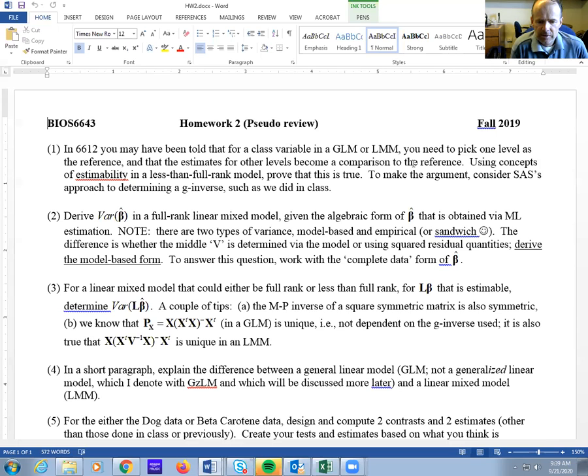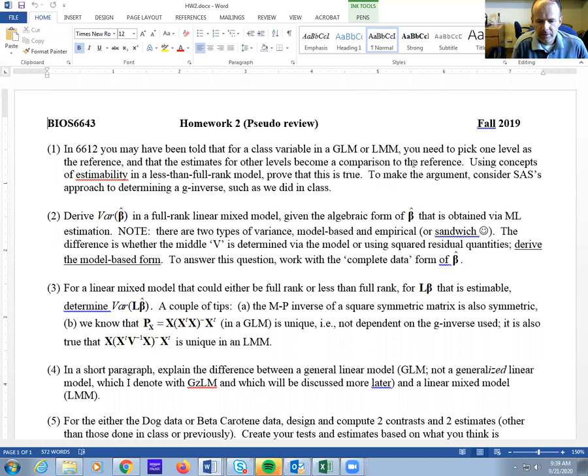The other one is, this gives us a way to fit a model without having to create dummy variables and without having to create a reference level. It gives us a way to deal with any possible linear dependencies that we have in our X matrix, whether or not we understand they're there.